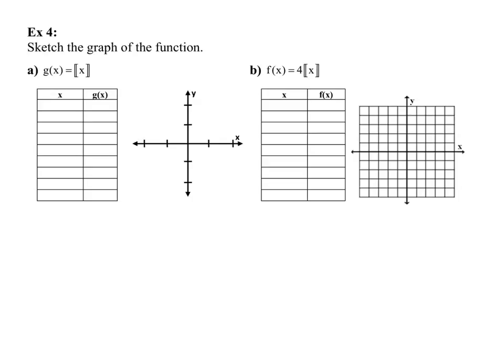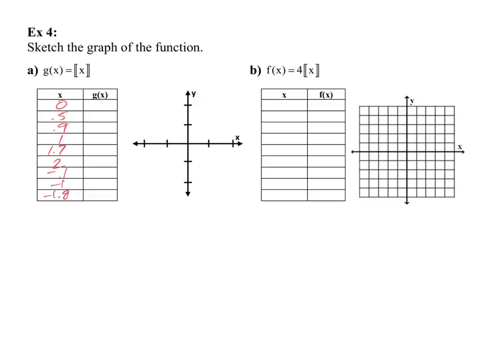Okay, here we're going to sketch the graph by choosing a bunch of x values. Now, it's your choice which x values you want to choose. All right, here are the ones I'm going to choose: 0, 0.5, 0.9, 1, 1.7, 2, negative 0.1, negative 1, and negative 1.8.